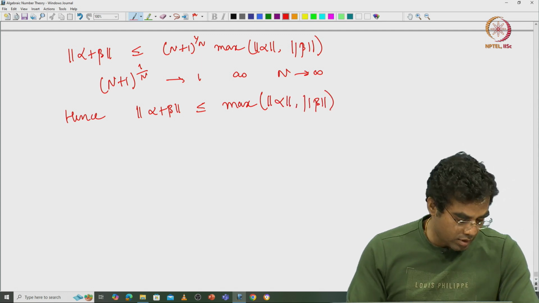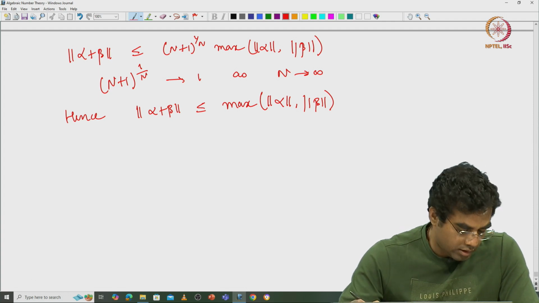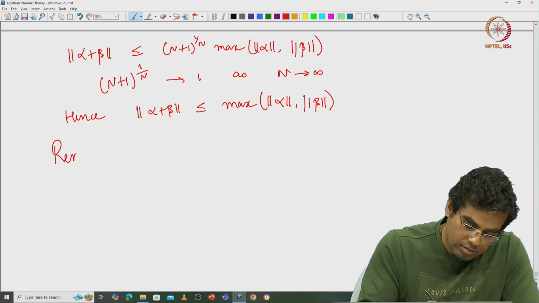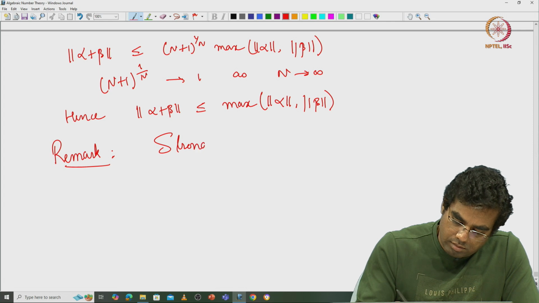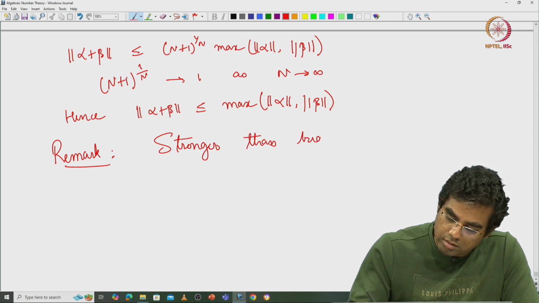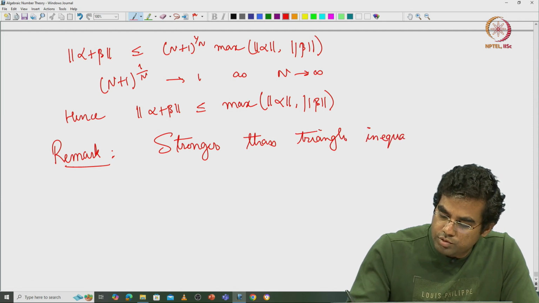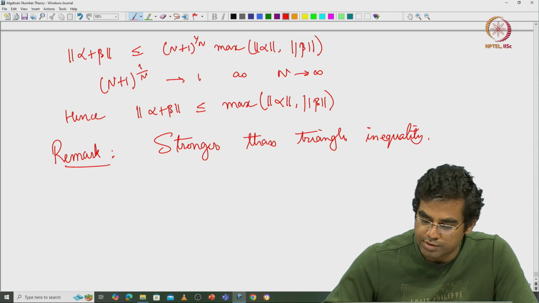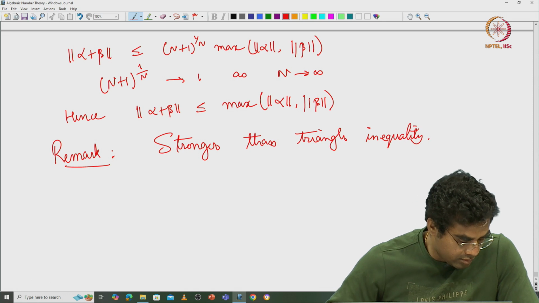So, this is stronger than triangle inequality. You start with triangle inequality plus the assumption that your valuation is non-Archimedean, and you get something stronger than triangle inequality.